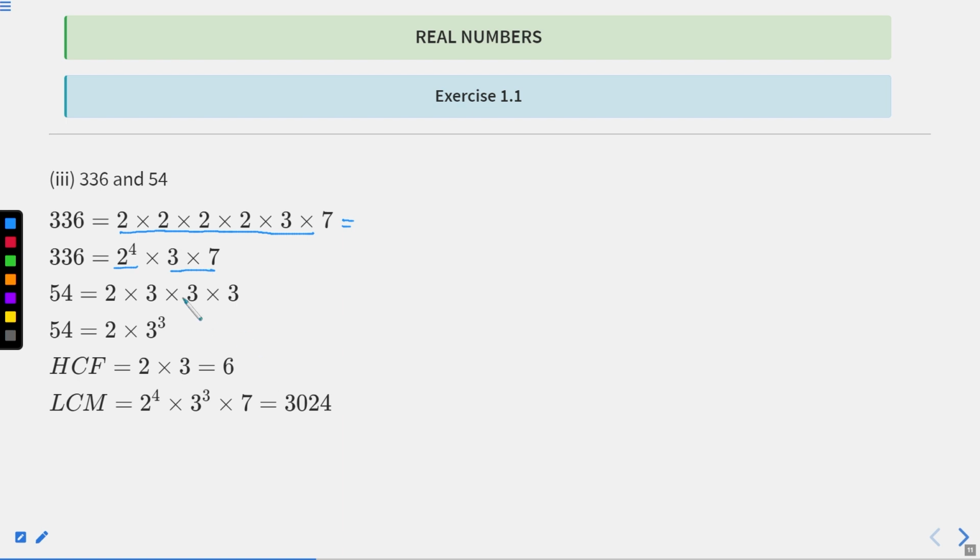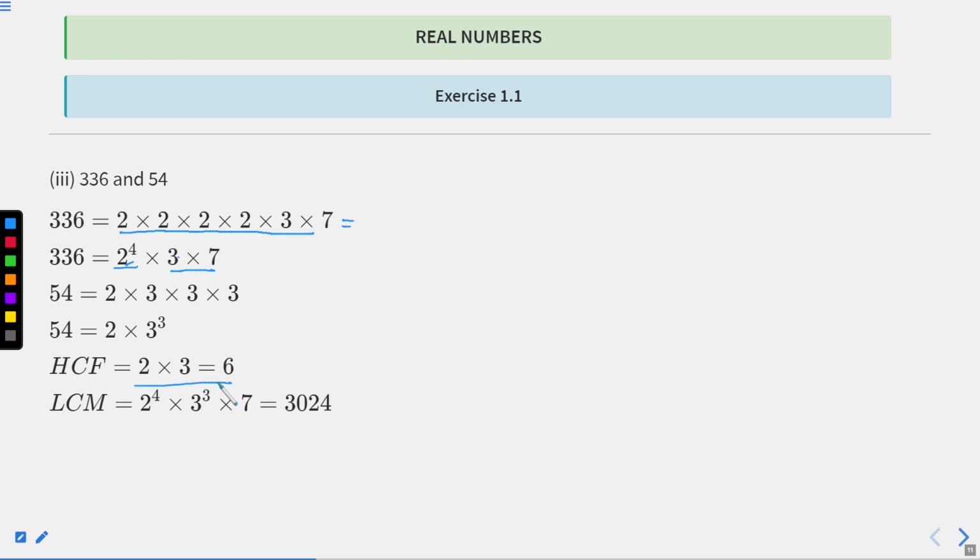So here the common factors in both numbers are 2 and 3, and the lowest power of the common factors is 2 to the power 1 and 3 to the power 1. So the HCF of 336 and 54 is equal to 2 into 3, that is 6.